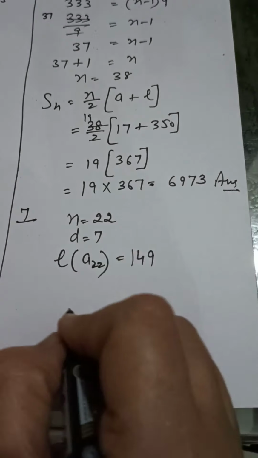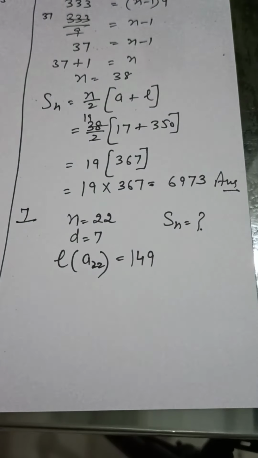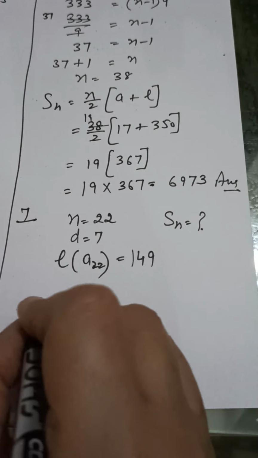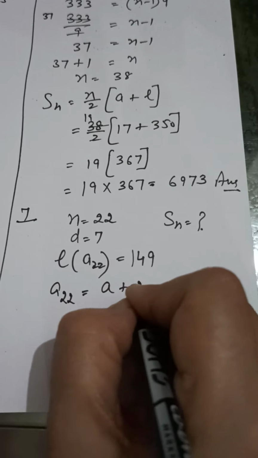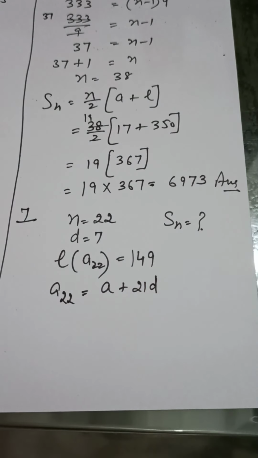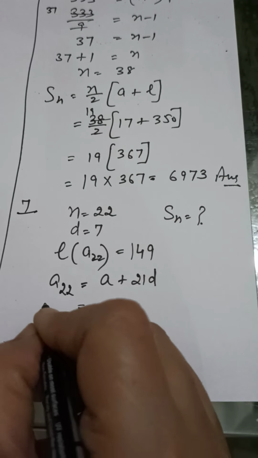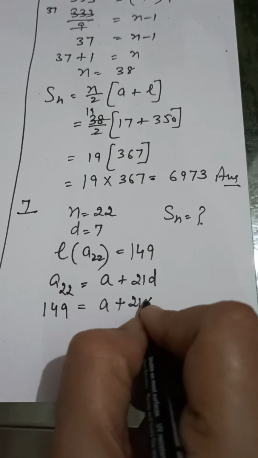Now we can solve this by using the formula An, but you have to find Sn. For Sn we need a also, which is not given to us. So first we will find a. How to find a? Using A22, that is equal to a plus 21d, by using the formula of An, that is 149 equals a plus 21 into d.